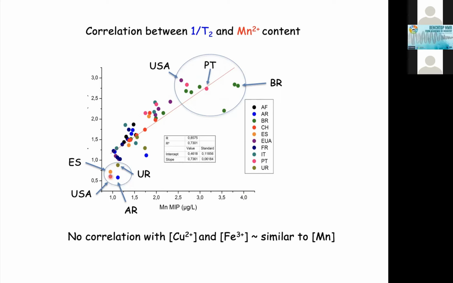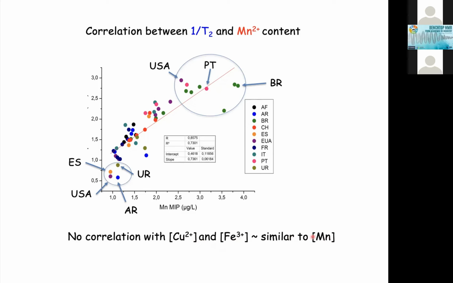Normally, wine also has two other paramagnetic ions that interfere in the relaxation, and one is copper-2, but this copper-2 is in very low concentration compared to iron or manganese, and also is not as efficient as manganese at reducing the relaxation time.